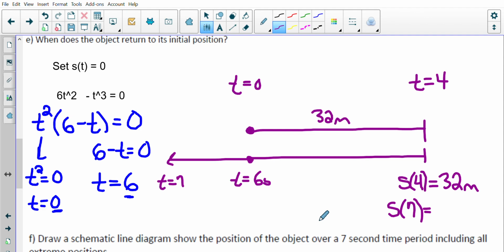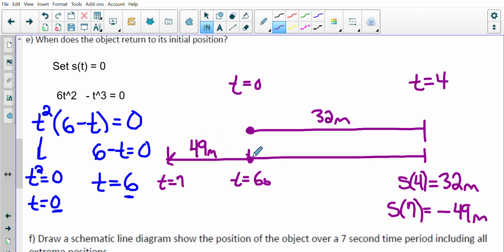Let's see here, 6 times 49, and then I get minus 7 cubed. All right, so I do that. I end up with minus 49 meters, which means 49 meters left. So this isn't really drawn to scale, but this is 49 meters from the original position.